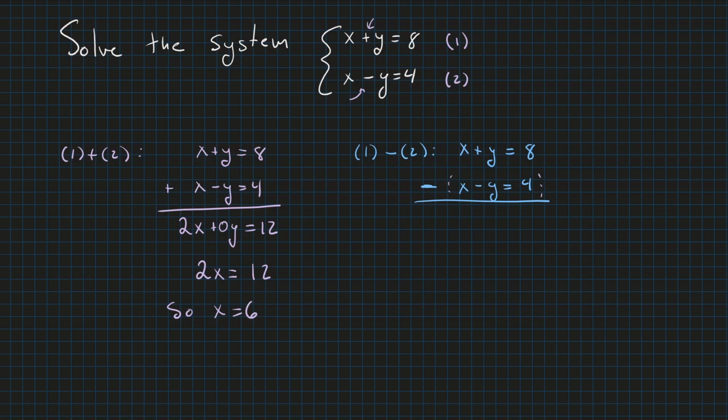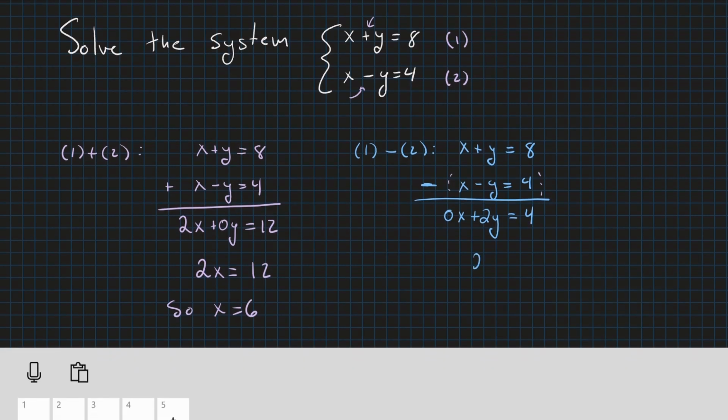So here we get an x minus x gives us 0 x's left over. Well, that's nice. And we have a y minus negative y, and that's where you have to be a little careful, is that you're subtracting a negative. So you have y minus negative y, which gives us a y plus a y. So we actually get a plus a 2y here. And then we have an 8 minus 4. So 8 minus 4 is 4.